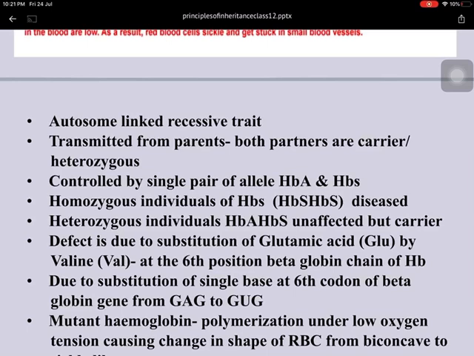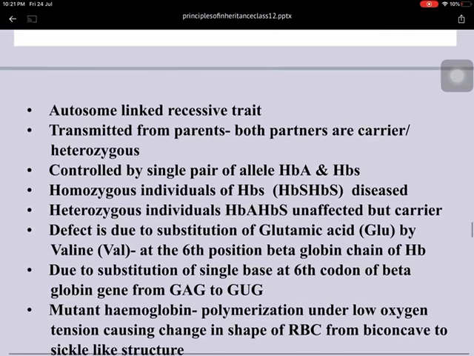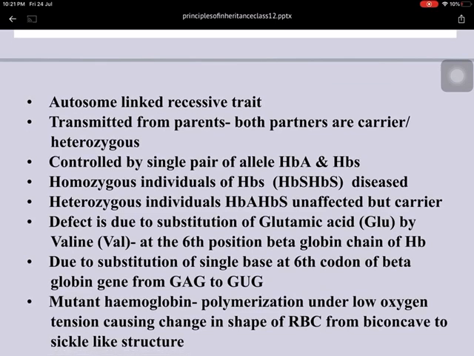So a heterozygous individual in sickle cell anemia is unaffected, but is a carrier. So homozygous HBS is actually the diseased person, whereas a heterozygous individual is unaffected but a carrier of the disease.